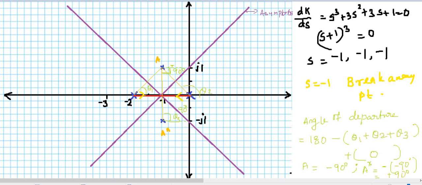Okay, so the root locus branch that starts from this complex pole A goes through the angle of departure plus 90 degree.